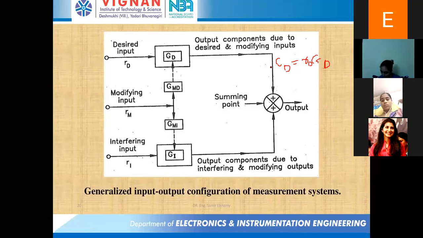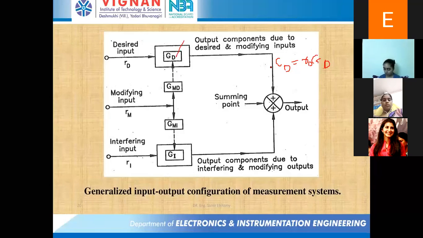So the desired inputs are the quantities for which the instrument is specifically designed to measure or respond. This RD produces an output component CD in accordance with the input RD, and the relationship is symbolized by a constant called GD.